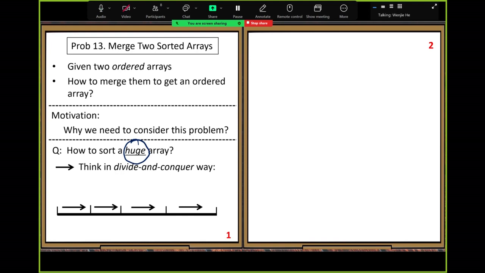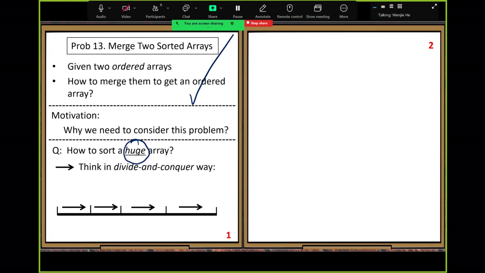After we process them one by one and go through all the subarrays, we get all these subarrays ordered. Next question: our goal is to get the whole array ordered, right? To get the whole array ordered, do you need to solve problem number 13, that basic problem, merge two ordered arrays?